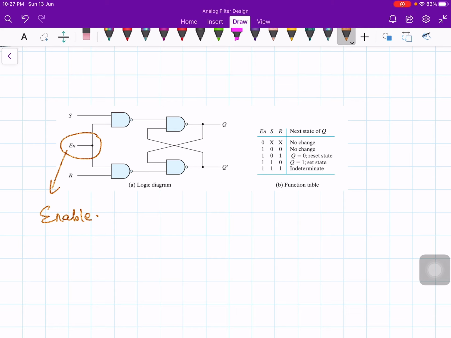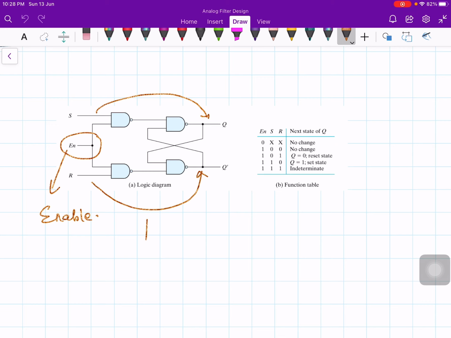That determines or controls when the state of the latch can be changed and determines whether S and R can affect the circuit. Therefore, S and R actually control the output of the circuit, and this enable determines when that change has to occur.